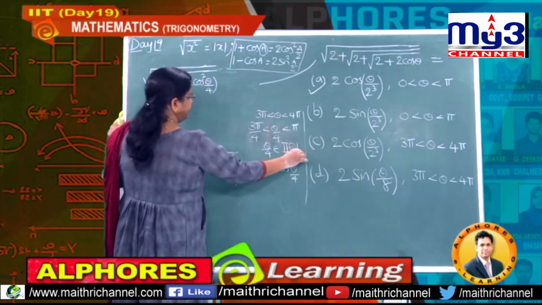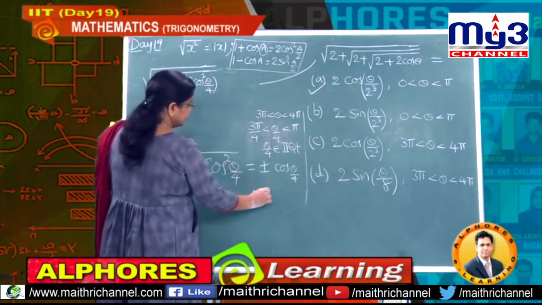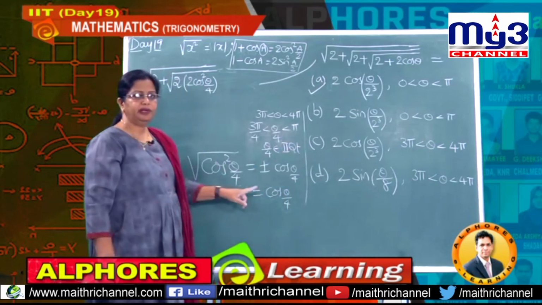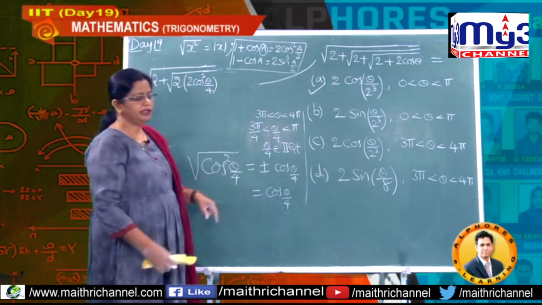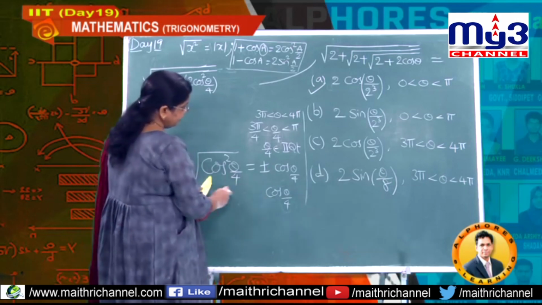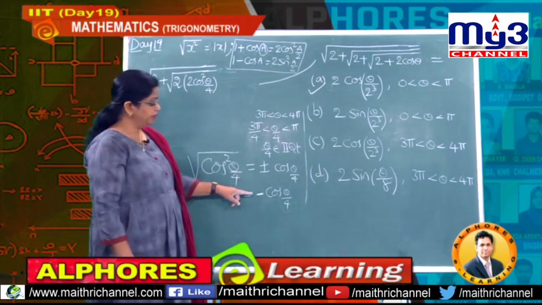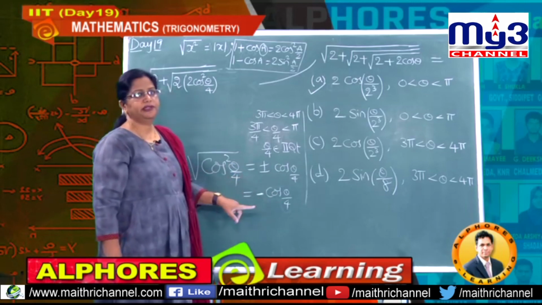Cosine value in the second quadrant is negative. So if I write just cos theta by 4, your square root outcome is negative, but what should a square root outcome be? It should be positive. So to make it positive, you have to give an extra minus symbol, thereby negative value into negative value will become positive value.